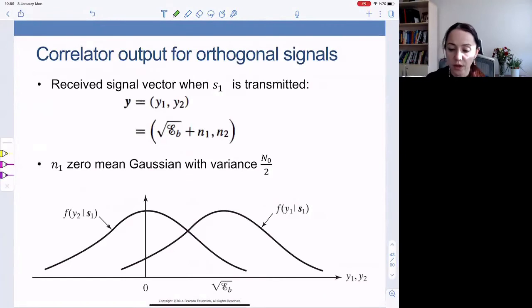So, when you have orthogonal signals, the received signal vector, when S1 is transmitted, is going to be energy plus noise and noise. So you'll receive energy along one basis function, just noise along the other basis function.